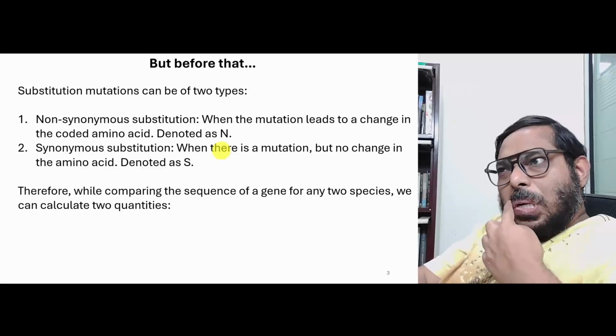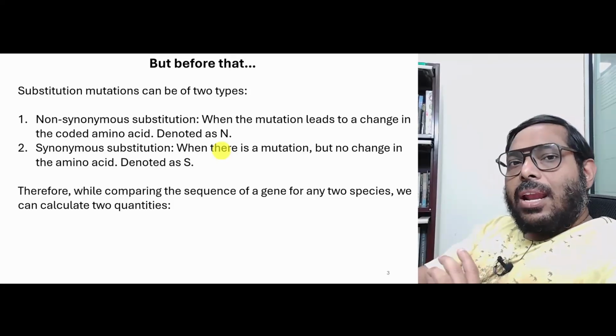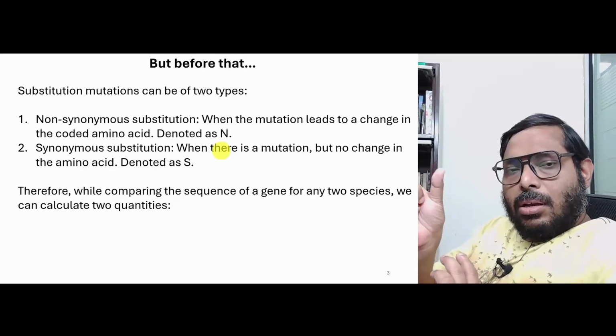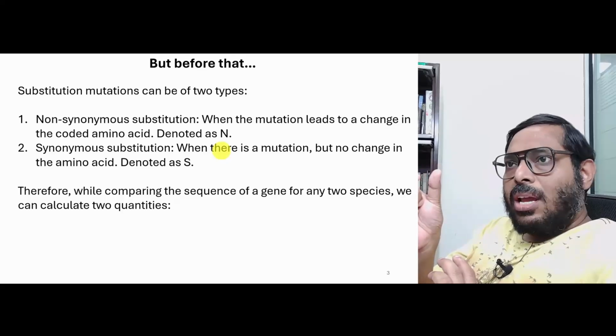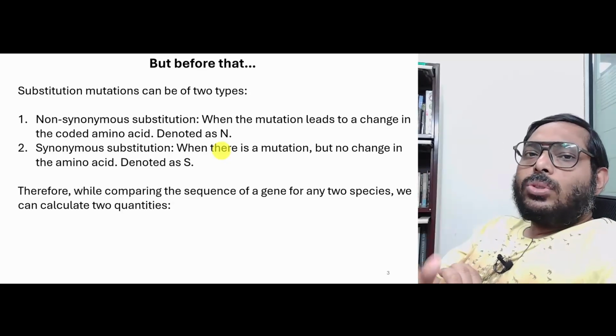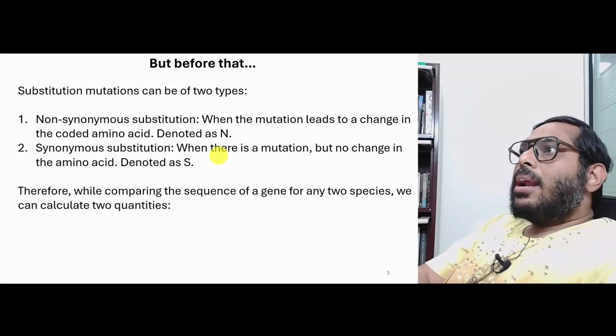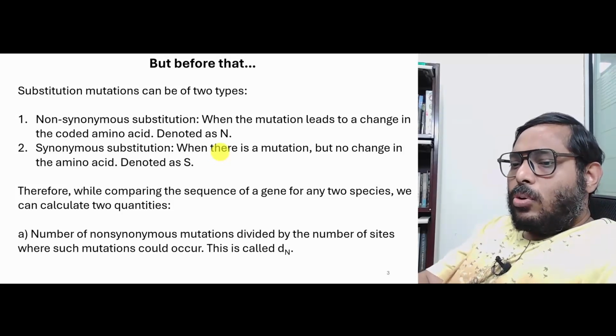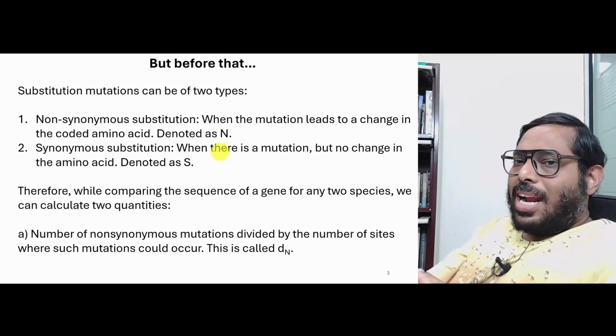Therefore, what you need to do is scale the number of substitutions that you are seeing by the total number of ways in which those substitutions can happen. If you do that, you get two quantities, so-called dN and dS.